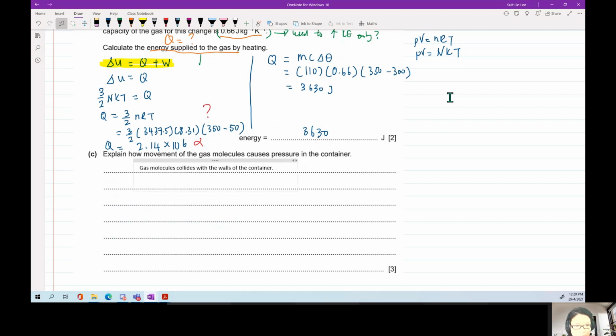Okay, and then what happens? Think about the particle in the box. Momentum of the gas molecule changes during collision with the wall.